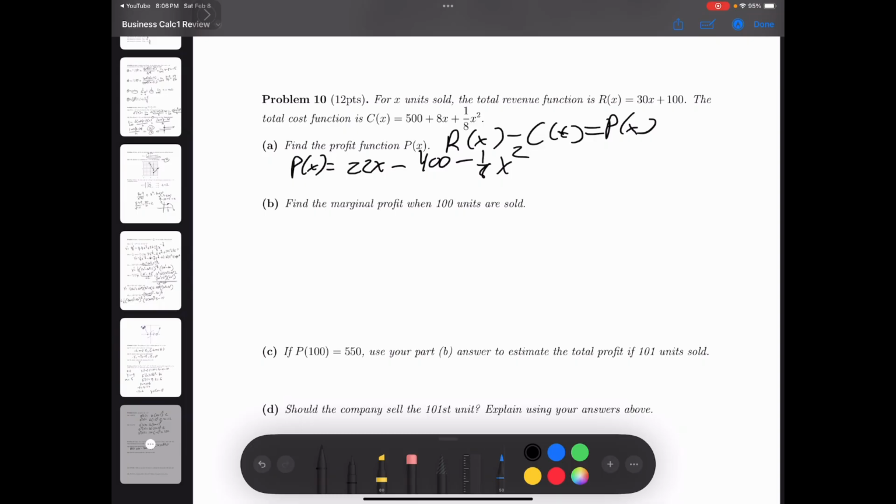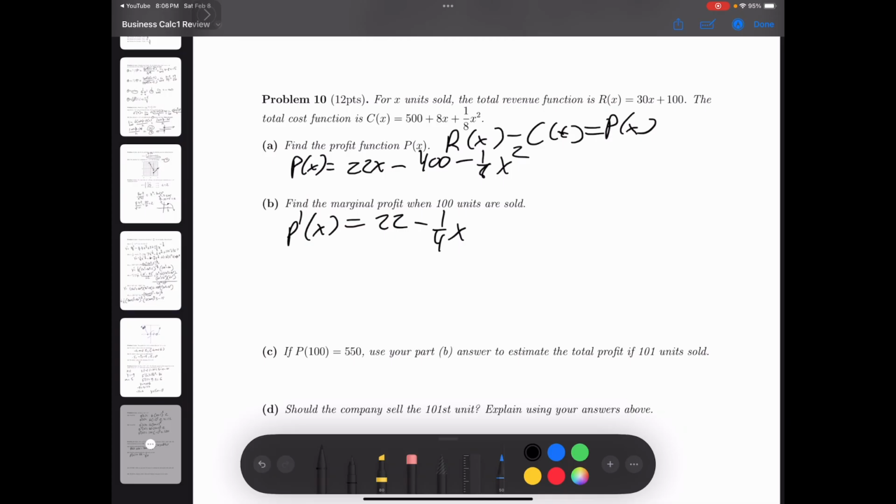And we're asked to find the marginal profit when 100 units are sold. Our marginal profit is just the derivative of the profit, the change in profit, which is P prime of x, which is 22 minus 1/4 x. That's the derivative of P. Take a second and do that if you'd like.